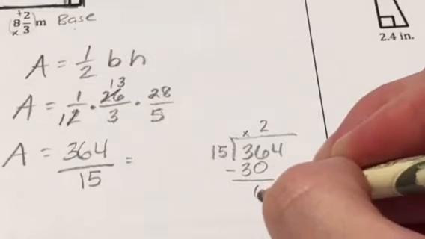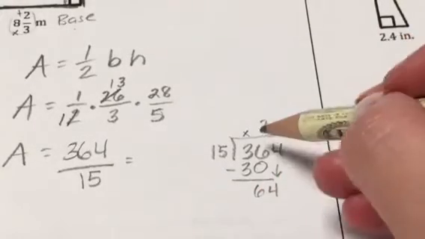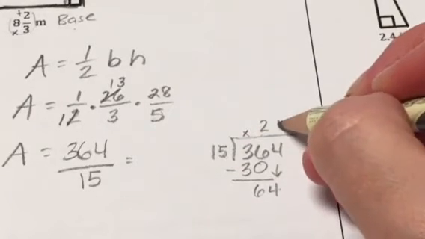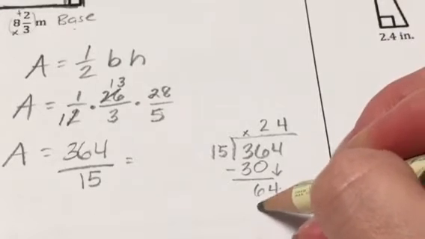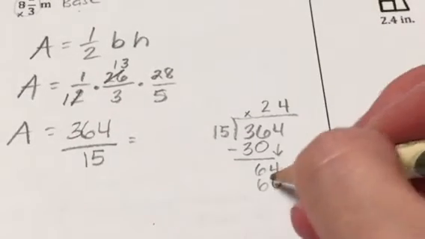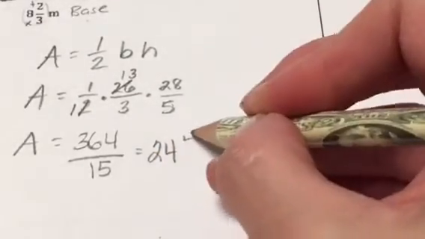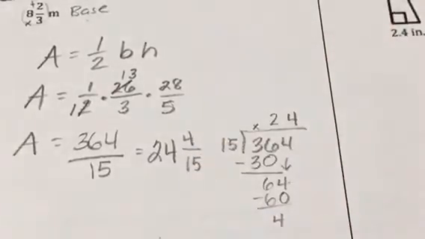So then when I subtract, I get 6. Now I'm going to bring my 4 down. All right, 15 can go into 64 4 times. That would be 60. So when I subtract, I have a remainder of 4. So it goes in 24 times with a remainder of 4 out of 15.